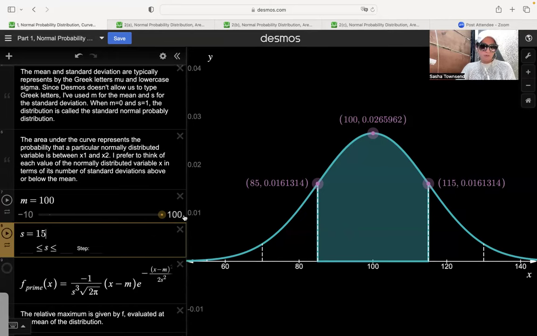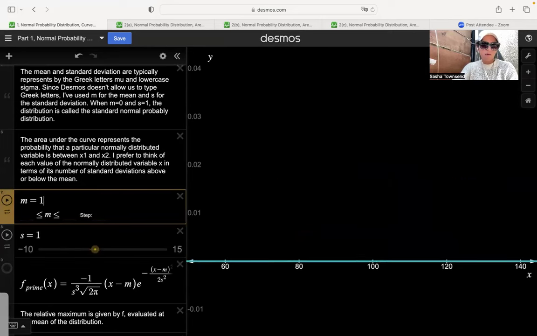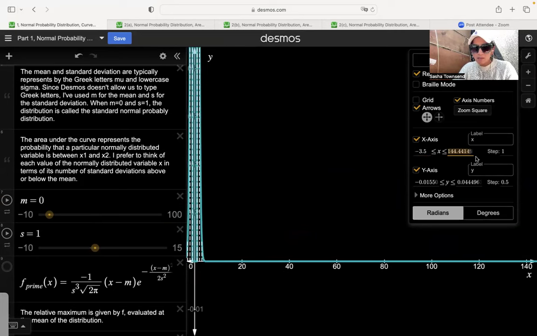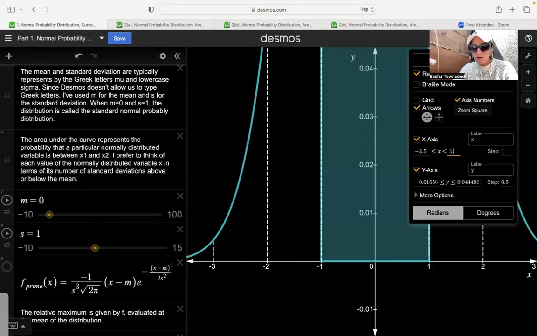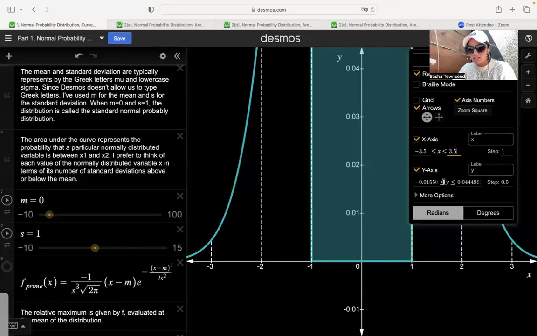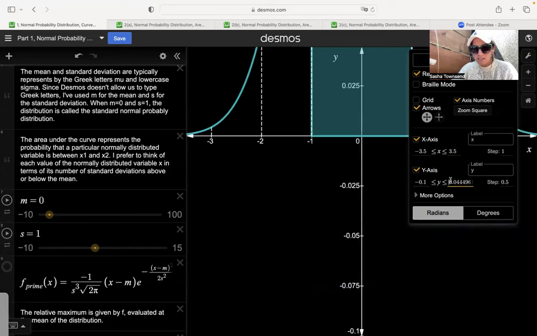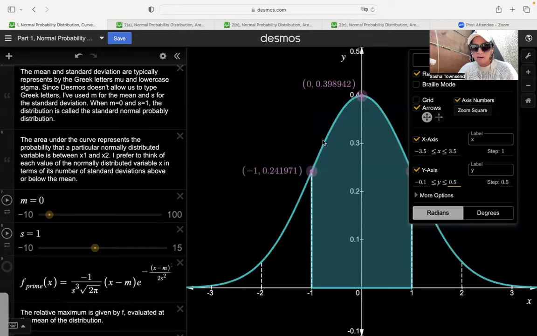But let's go back to where we were before. Let's have a standard deviation of 1 and a mean of 0. If we look at that, let's let our x values go from negative 3.5 to 3.5. So I want to go plus and minus 3.5 standard deviations. And then I think we want 0.1 here, and let's do 0.5 there.